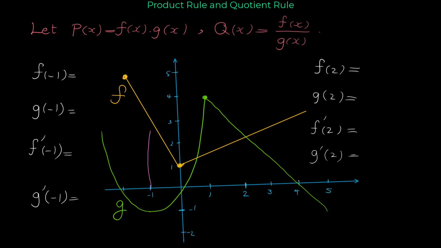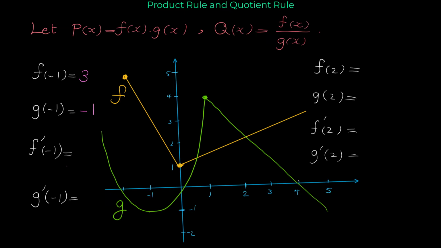When x is -1, the function f value is 3. So f of -1 is 3. What is the value of the function g at -1? The y value of the function g at -1 is -1.